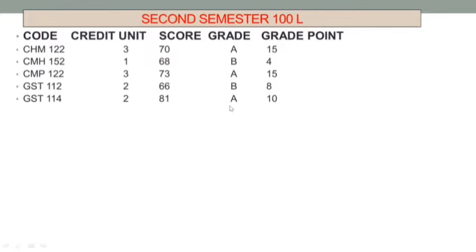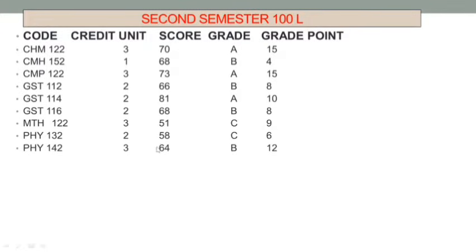The grade is A, the point earned is 10. This another one, the candidate scored B, the point earned is 8. Another one, 51, 3 credit unit. Score C, the grade is C, the point earned is 9. For the other one, score 64, the grade is B, the point is 12.